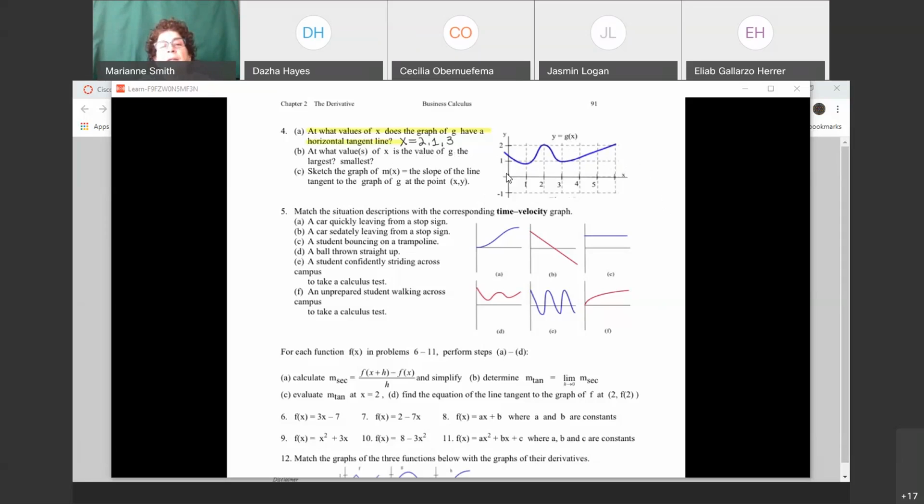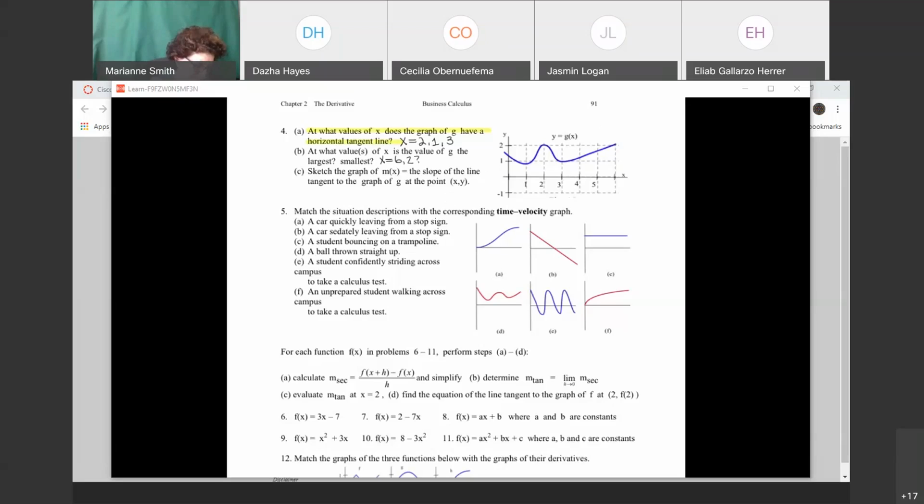Okay. Anybody, any ideas? Okay, Charlie thinks it's the biggest here. Okay, it looks like it actually even goes slightly over the line at 6. Okay, so you could say X equals 2, 6, and maybe 2.